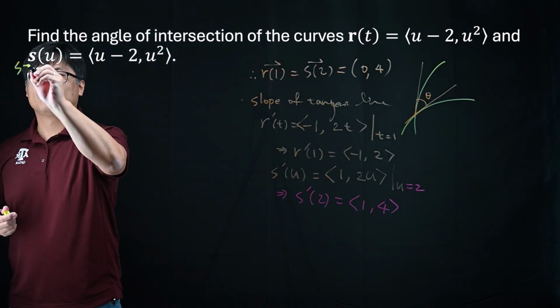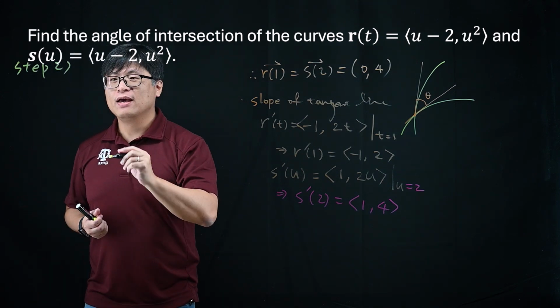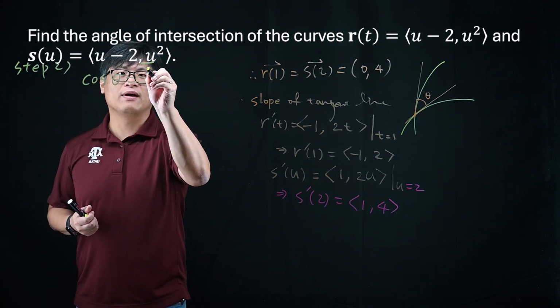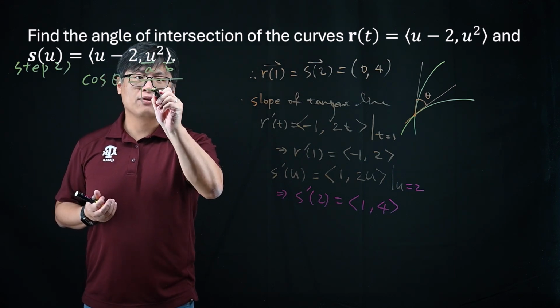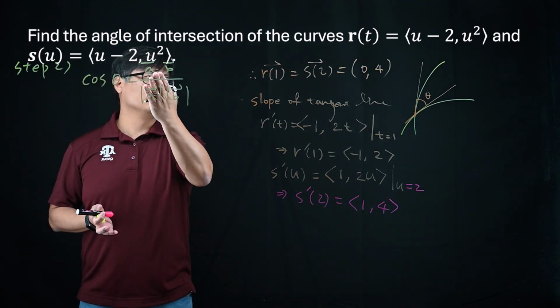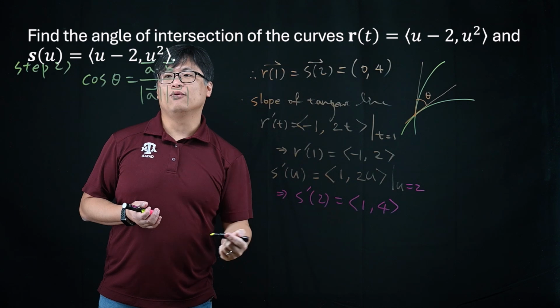I hope you remember the formula that I gave you, okay? Basically we have to use this formula: cosine theta is equal to vector A dot product vector B over the length of A times the length of B. Vector A is (negative 1, 2) and vector B is (1, 4).